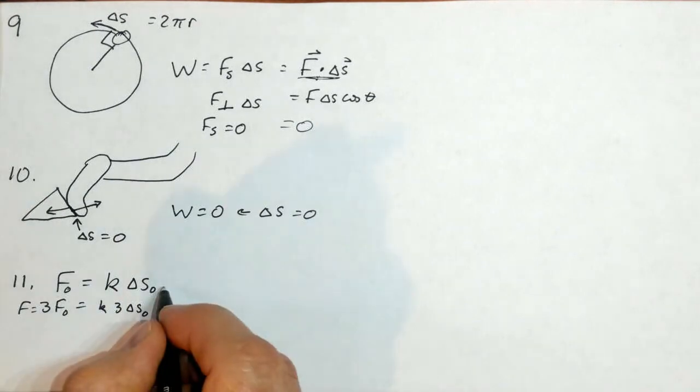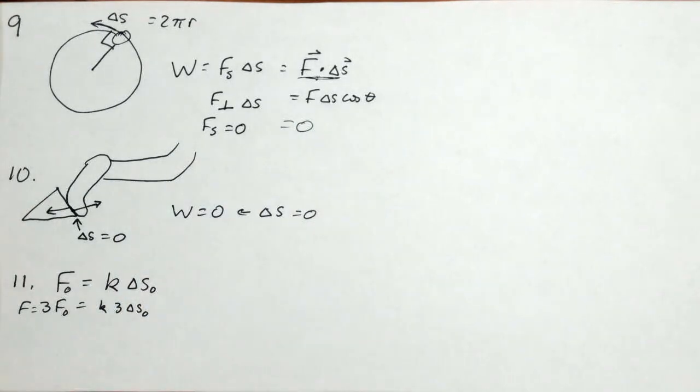Okay, so if it was 1 centimeter, then this one must be 3 centimeters. And the next problem, what if I compress it and get a force of 2F0? Well, then that's going to have to be 2 delta S0. So the spring must compress 2 centimeters. So compression and stretch don't really mean anything in terms of the size of the force. It's just that the force is a restoring force. It always opposes what you do to it.